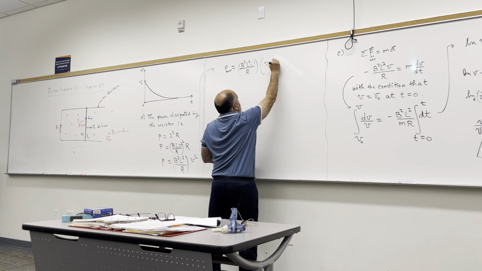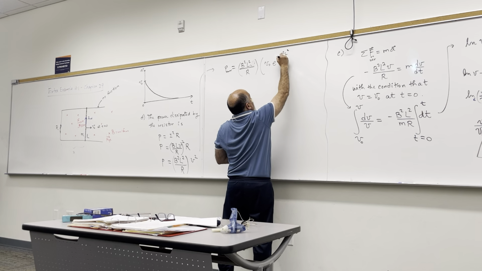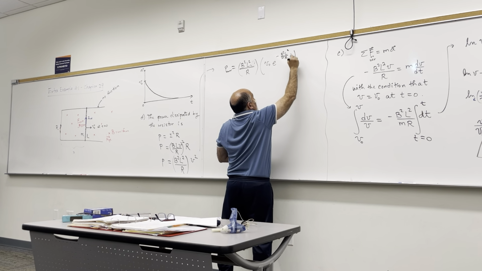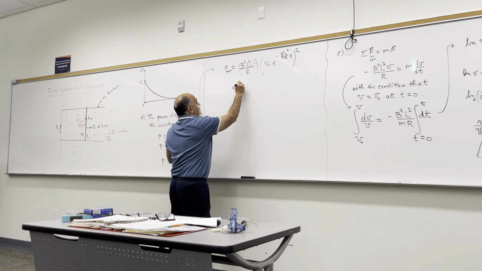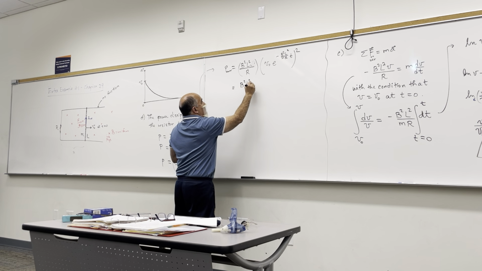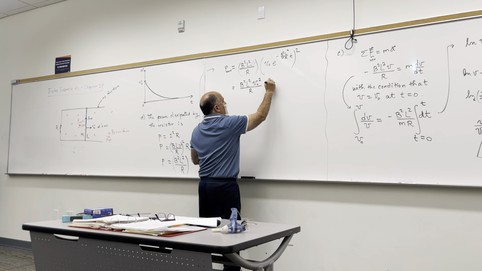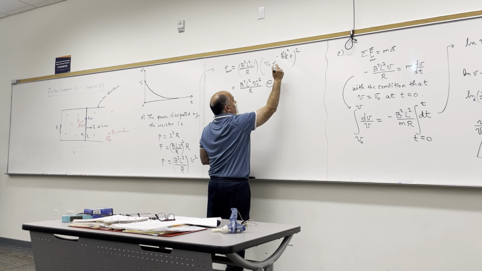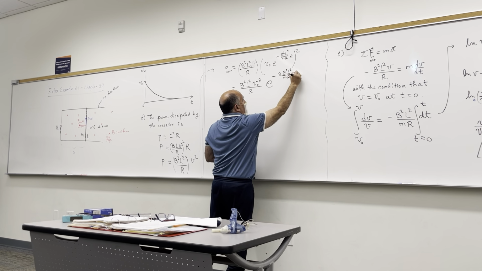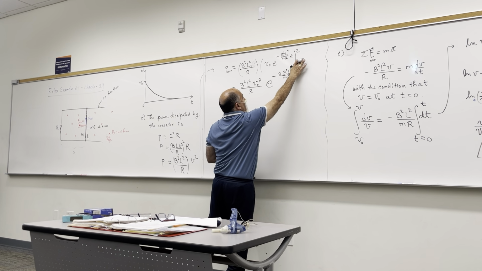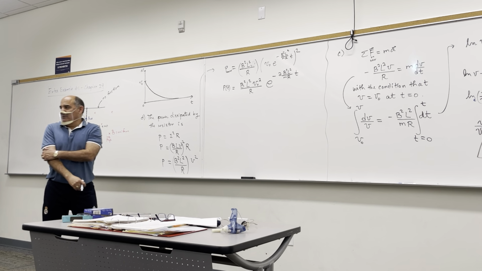I'll write it like this. And I have to square all of that, right? So this will be B squared L squared V naught squared over R times e to the minus 2, because that 2 then becomes part of the exponent, right? Yes? So notice that that's a function of time. The power dissipated is not the same.